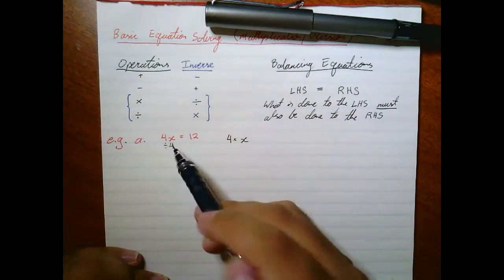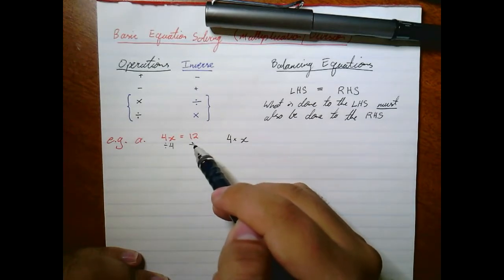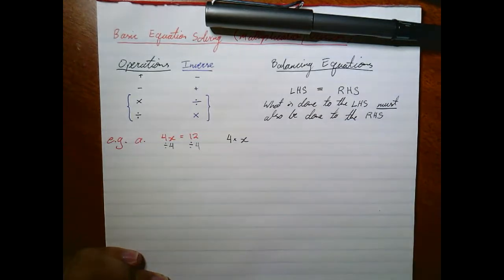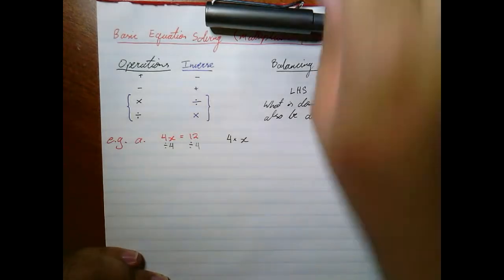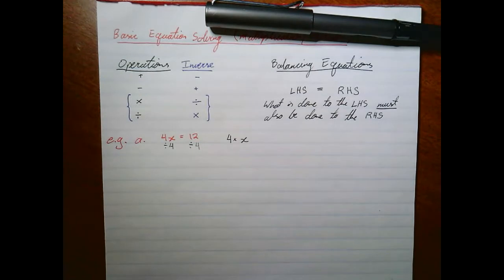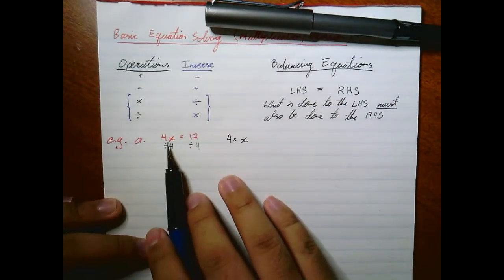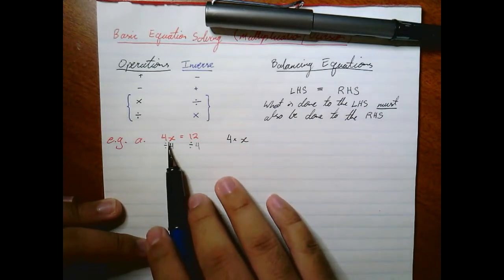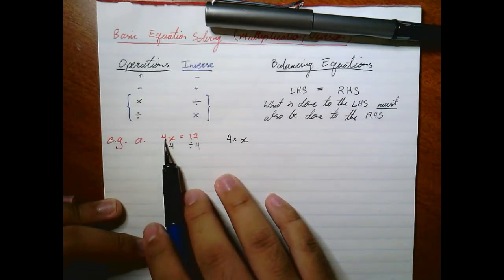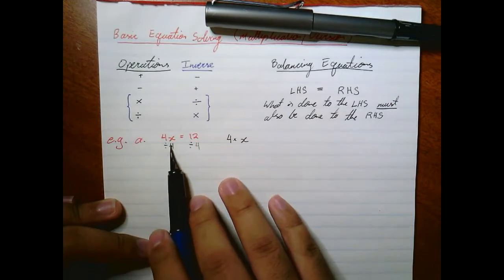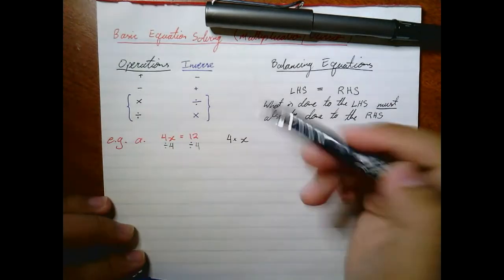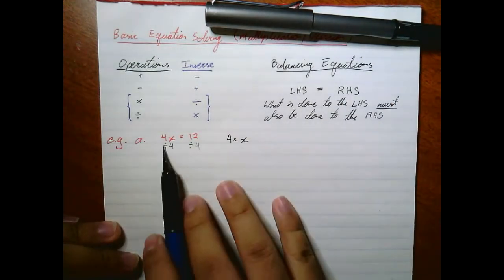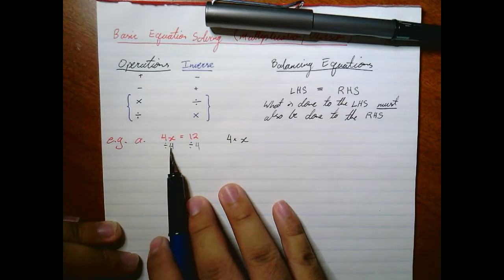So if we divide by 4 here, we must also divide by 4 here. Similar to how when we did the inverse, these vanish. But in actual fact, what's happening is it's 4 times x divided by 4. Think about that for a moment. Wouldn't 4 divided by 4 equal 1?